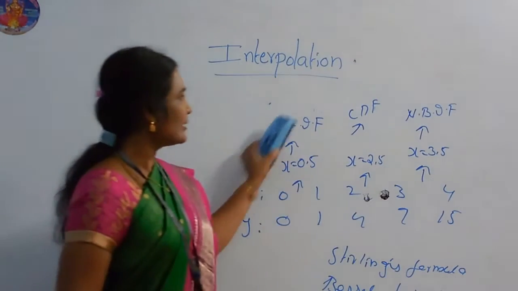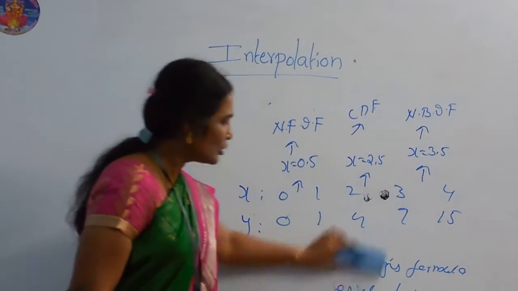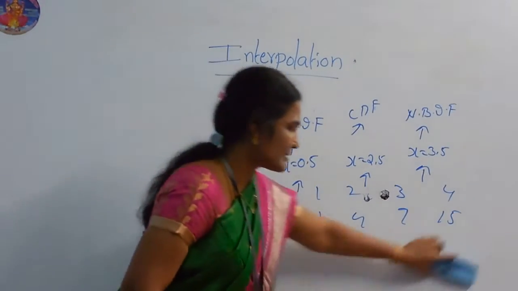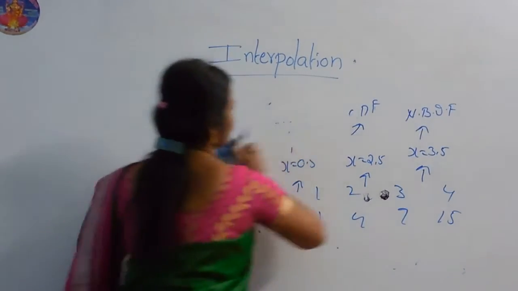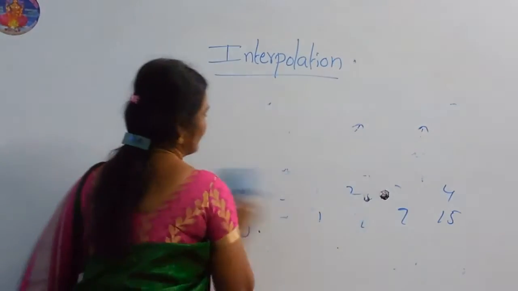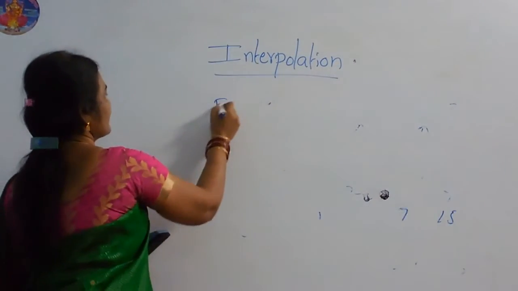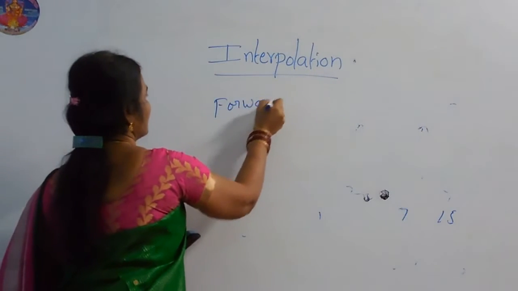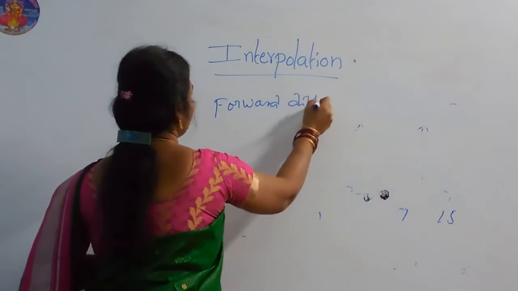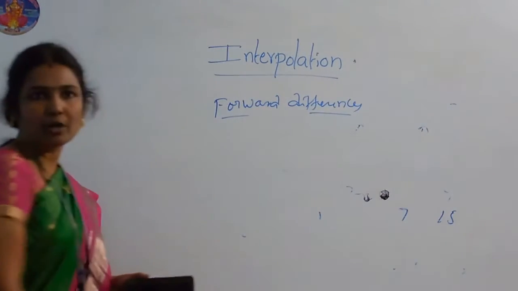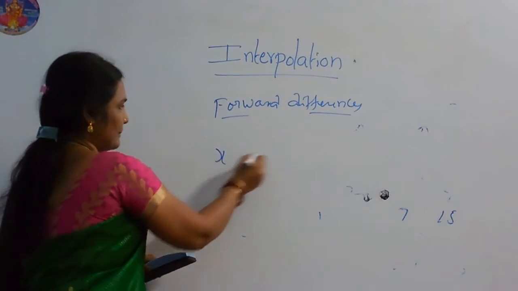And before going to the formulas, we have to know about forward differences and backward differences. So first, forward differences. With these forward differences, we can form the forward difference table.